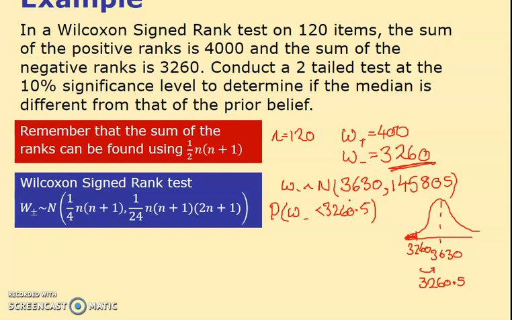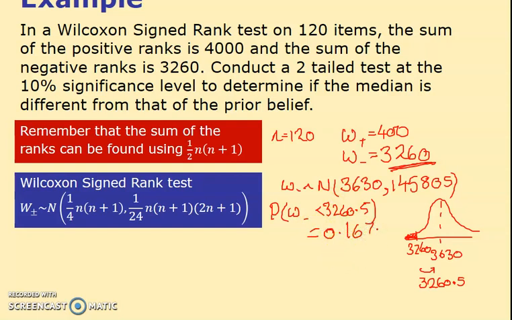I'm typing that into my calculator, using the continuity correction. Sigma is the square root of 145,805, and mu was 3630.